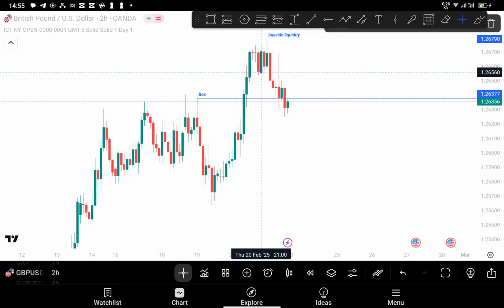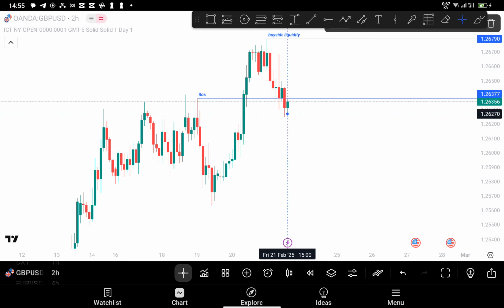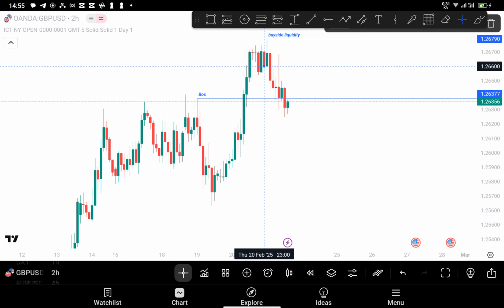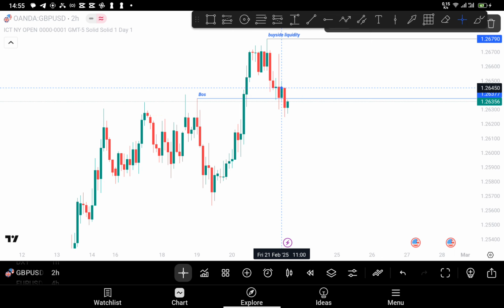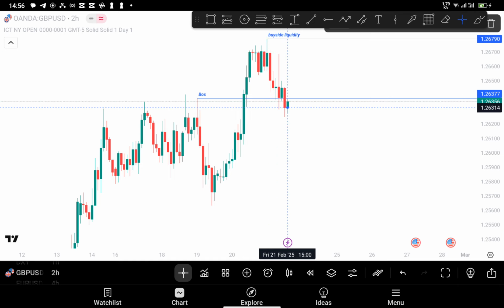but also check how the market is retracing. It's not moving fast, it's consolidating while falling. These candles are small. Check the sizes of the candles. We consolidated. So right now we are going for selling.